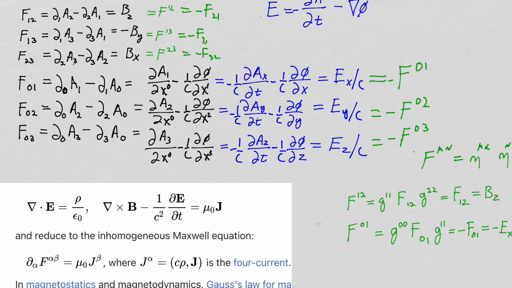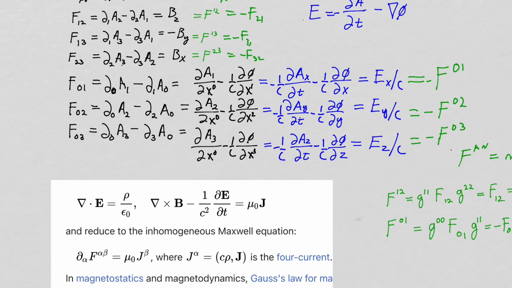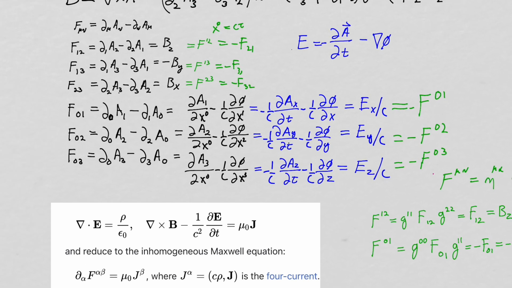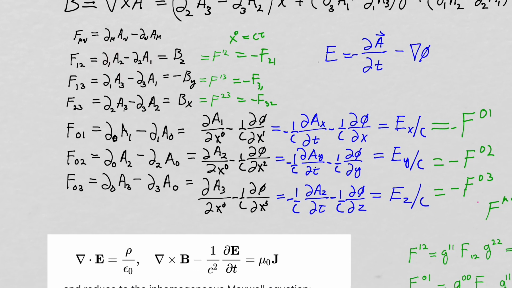Okay, so the point is now I've shown you the compact construction of the electromagnetic field tensor, using the four-potential, which takes our magnetic vector potential and our scalar potential and combines them into a four-vector.